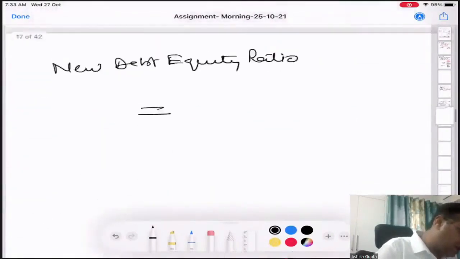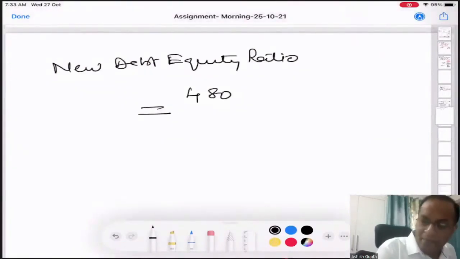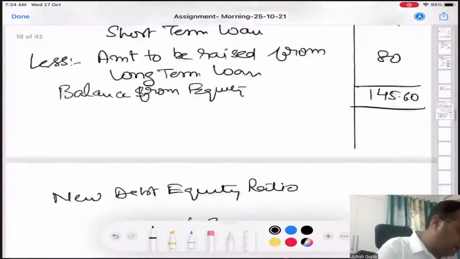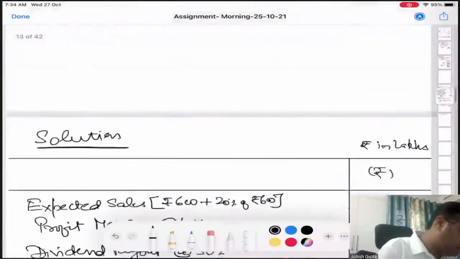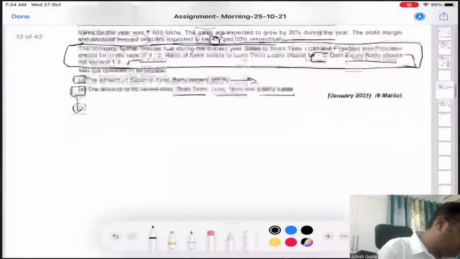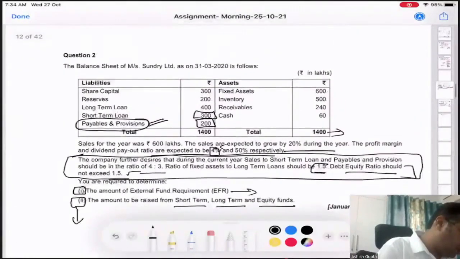So our new debt is 480. Our existing equity is 300, and this is reserve 200.